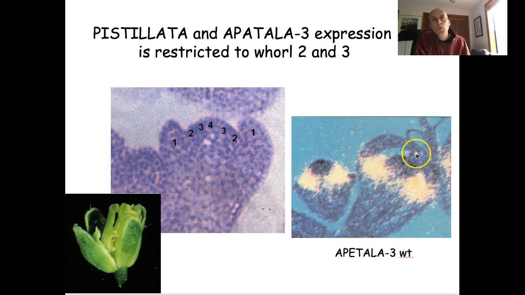You can see one flower here, and here's another young flower right next to it. And you can see that the expression here is restricted to whorls 2 and 3. So it's not here on the outside, it's not here on the inside, but it's in these two adjacent whorls, 2 and 3. You can see that here as well, not here, but it is expressed over here. So that is where the genes Apetala 3 and Pistillata are expressed.